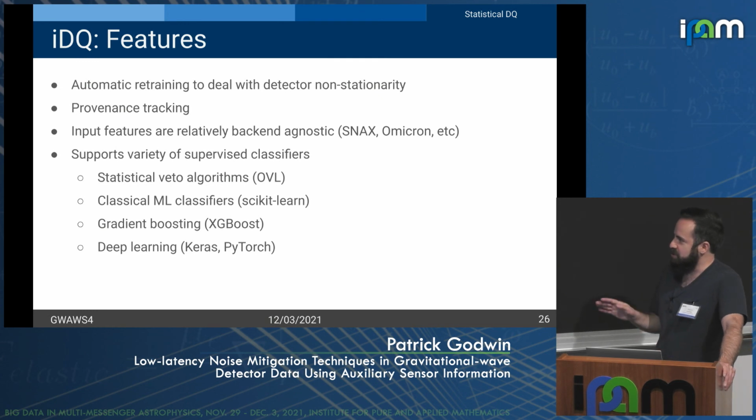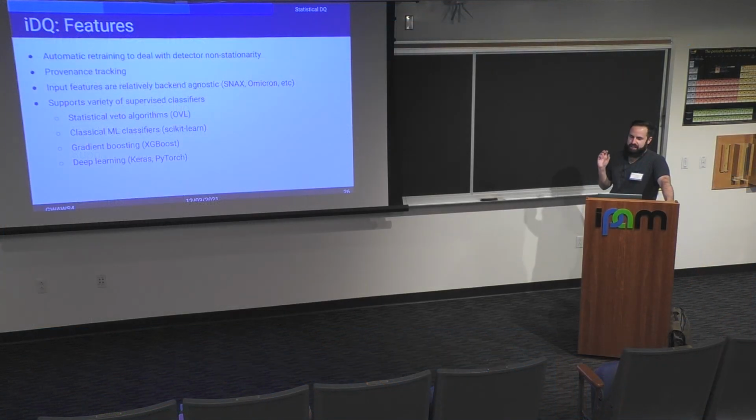So some of the features of this, not to be confused with feature vectors, is that in the online case, we periodically retrain the model to deal with the non-stationarity of the detector. There are drifts in terms of the PSD.